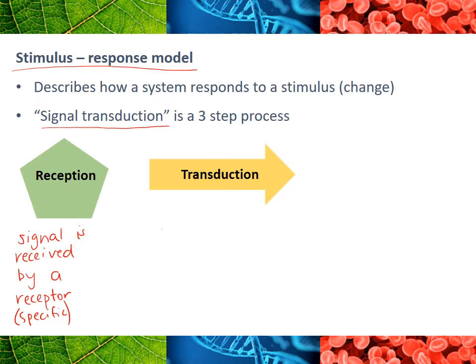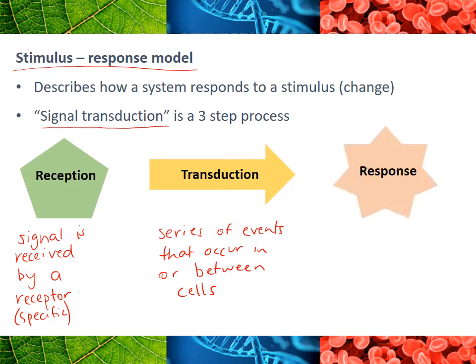Now, transduction is a series of events that occur in or between cells. Most of the examples we will look at are inside the cell. So we've got the signal received in reception, a series of events occur in the cell, and that is known as transduction, and then we get our response.